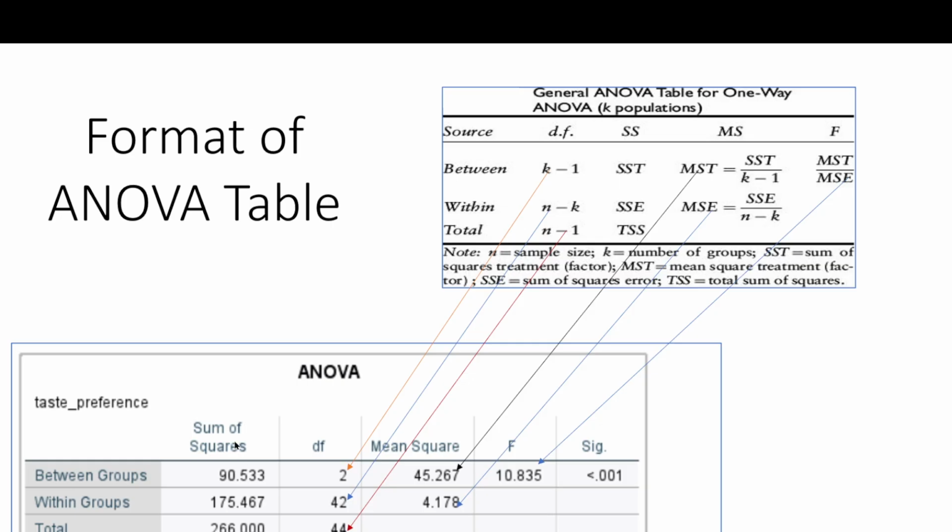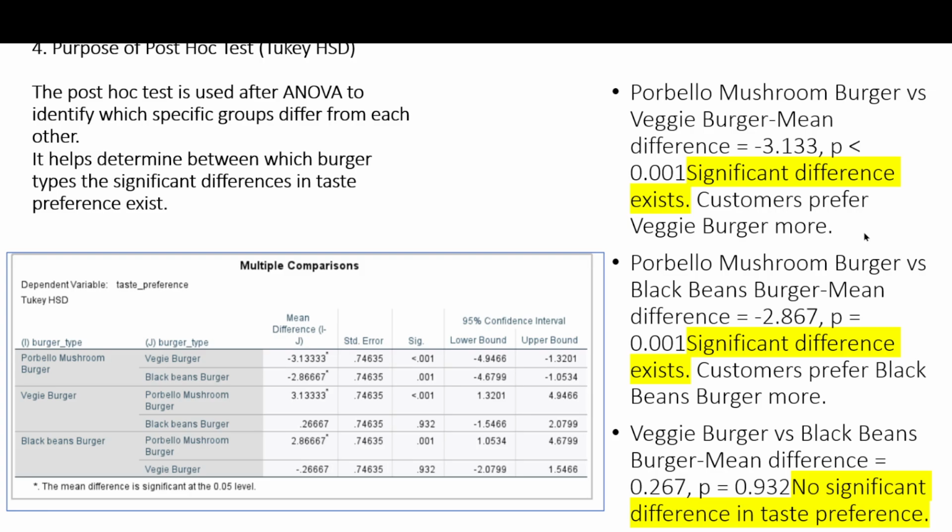Once we divide the sum of square by the degrees of freedom, we get the mean sum of square, and once we take the ratio of the mean sum of square between the sample and within the sample, we find the F statistic 10.835 and the p-value is less than 0.05. So the format of the ANOVA table is based on this particular format.